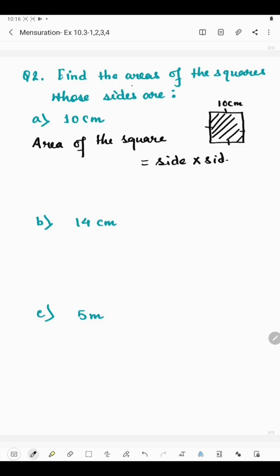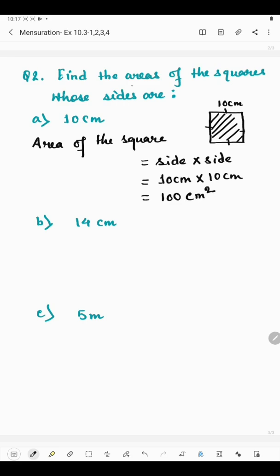Area of the square we can find by multiplying the sides. So here we will write 10 centimeter multiplied by 10 centimeter, because here all sides are of same length. So we'll write the same unit. Now 10 into 10, 100 centimeter into centimeter, square centimeter.